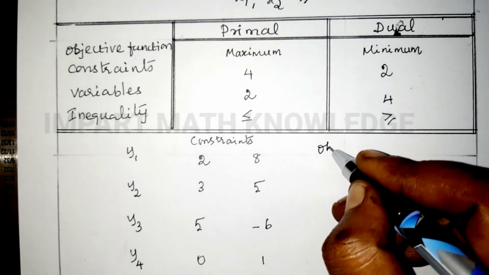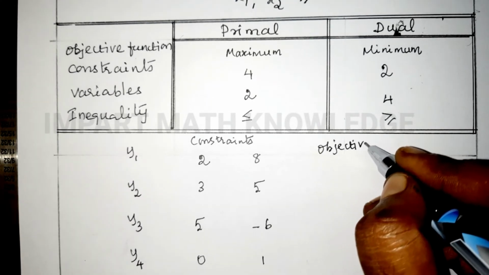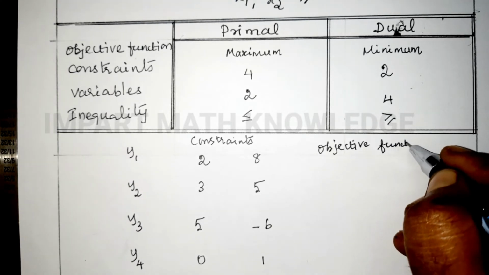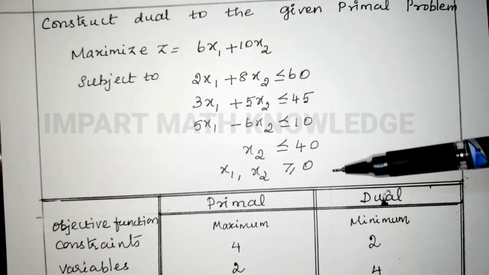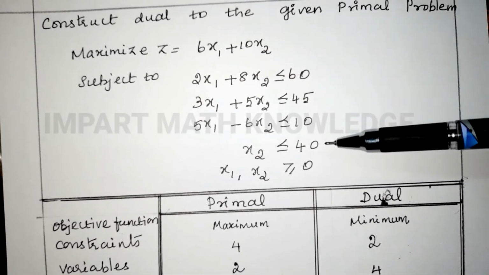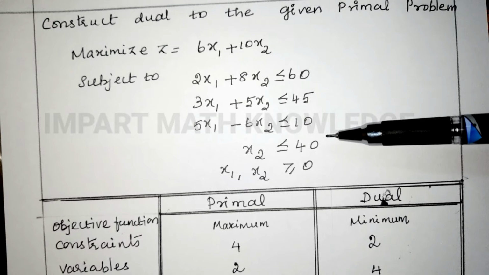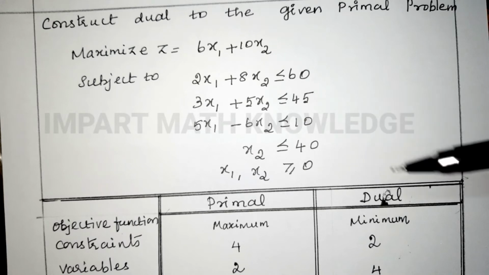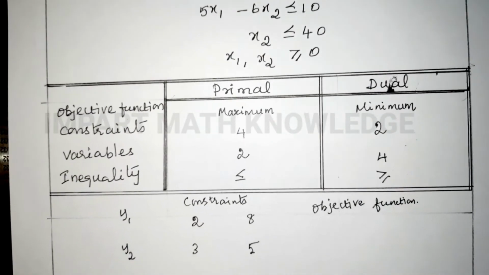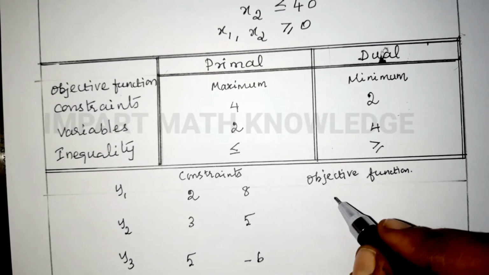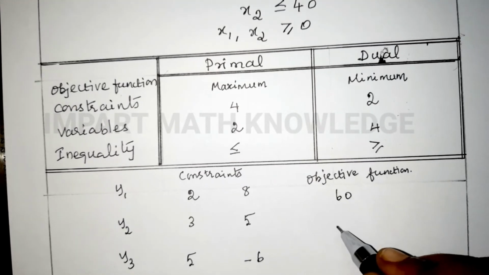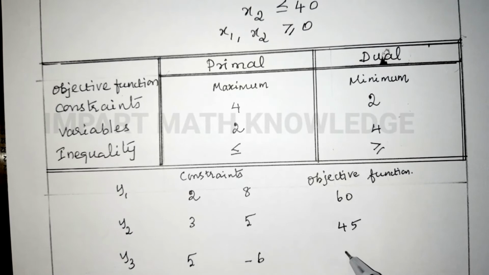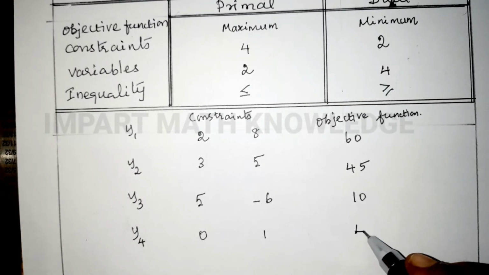Here I write the objective function. The right hand side values of the primal problem will be the coefficients of the objective function in the dual problem. Let me write the objective function values: 60, 45, 10, 40.